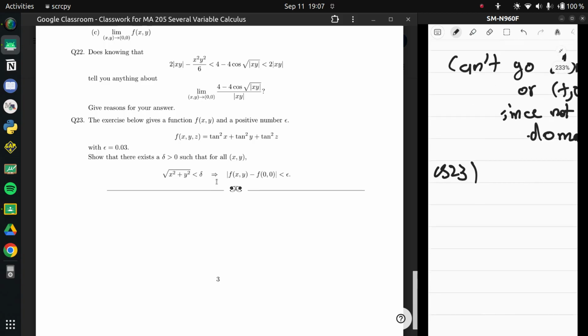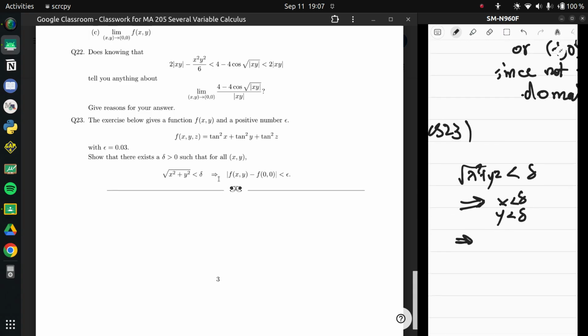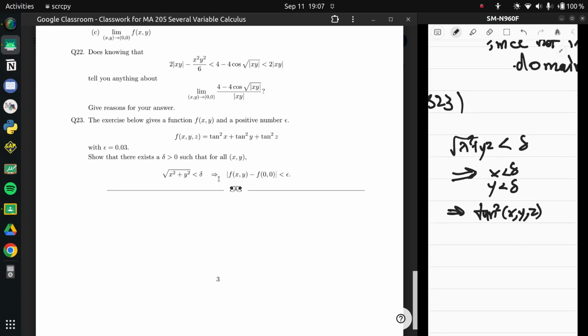Okay, so square root of x square plus y square less than delta implies x is less than delta and at the same time y is less than delta, right? So what does that mean? And since tan square is an increasing function, what this implies is that tan square of x, y, z is less than, so you are setting z equal to 0 in any case, right?